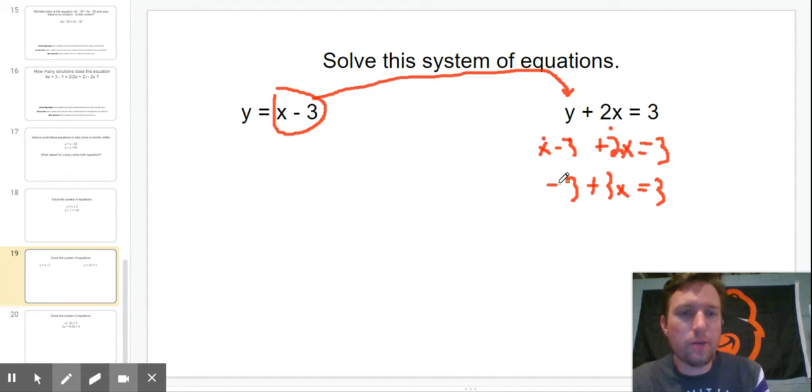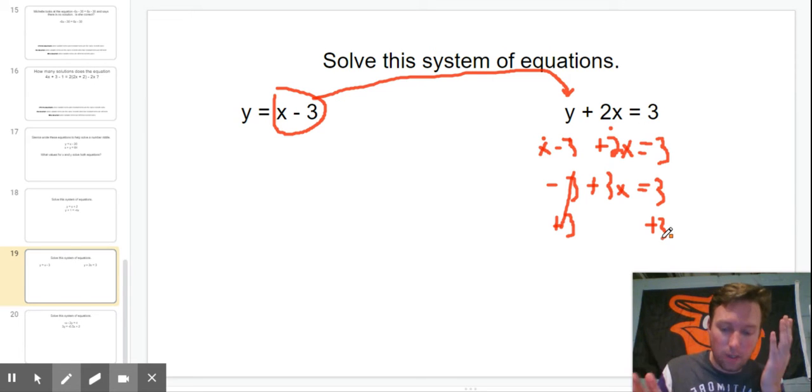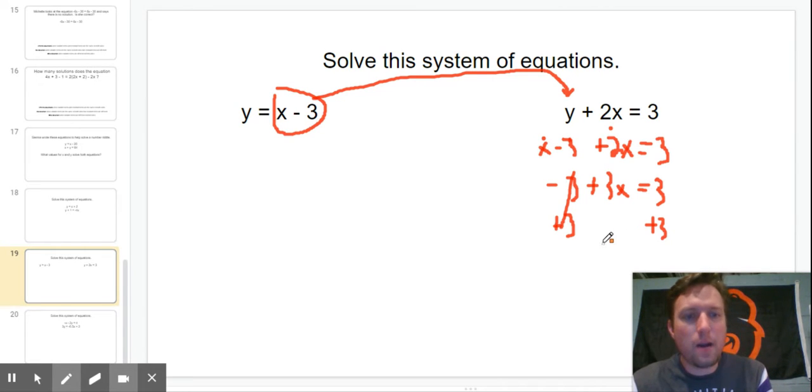Since I have negative 3, I'm going to add 3 to it, because negative 3 plus 3 gives me 0. It cancels itself out. But whatever I do to one side, I have to do to the other, because I have to keep my equation balanced. What I'm left with is 3x equals 3 plus 3, which equals 6.